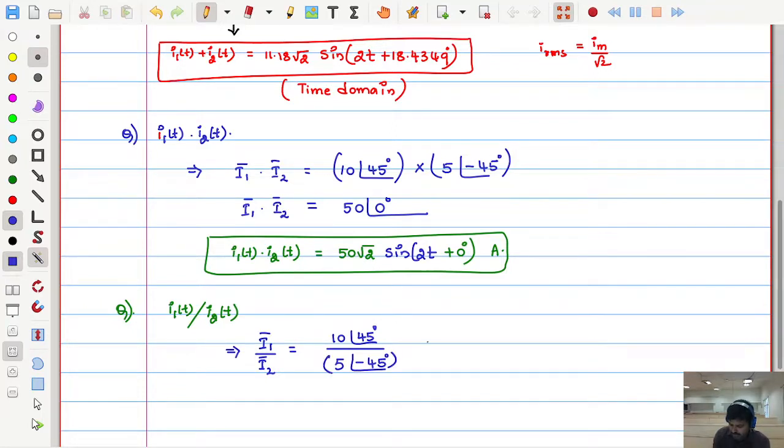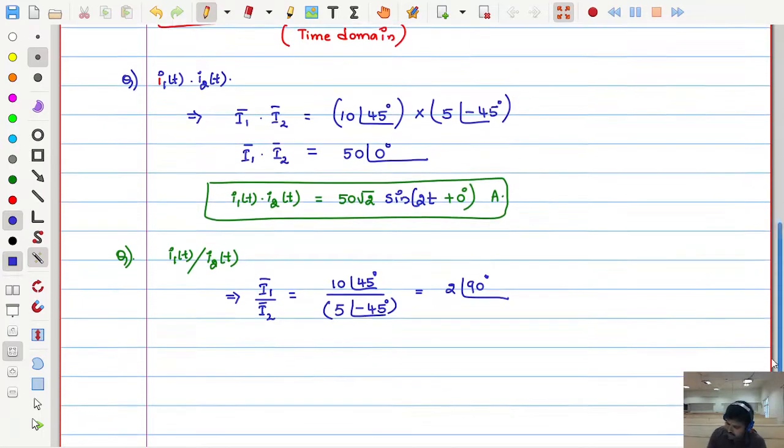When we take this division operation, magnitudes can be divided directly, so 10 by 5 is 2. Angles are subtracted, that is 45 minus of minus 45, which gives 90.